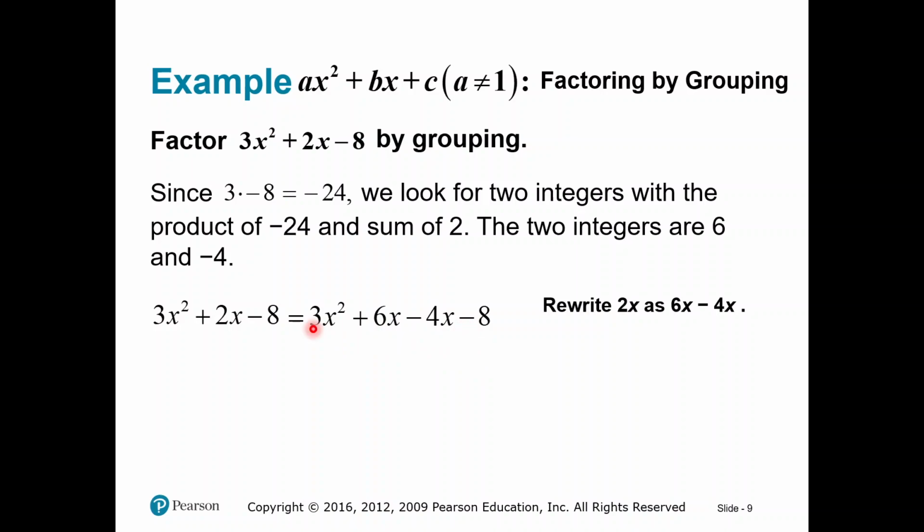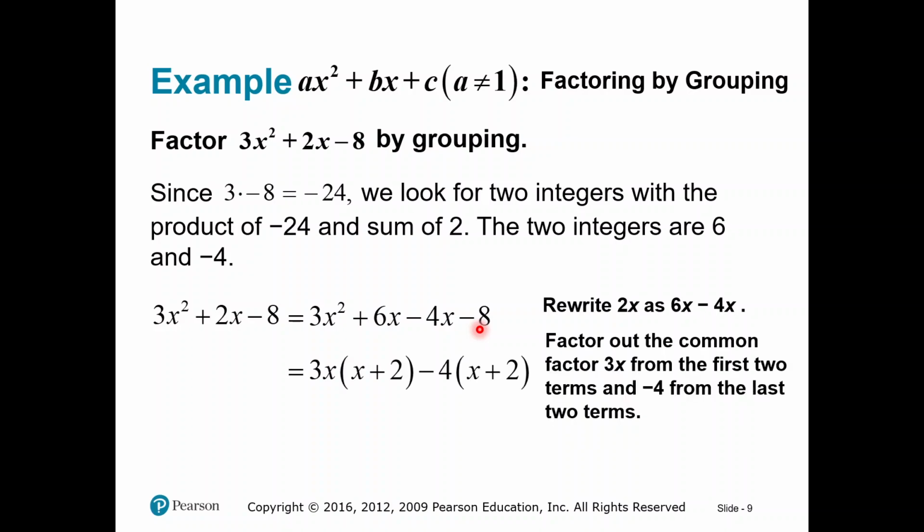And so for this first group of 3x squared plus 6x, I want to factor using the GCF. Also factor the GCF of the second group, negative 4x minus 8. And so the GCF for the first group is 3x.